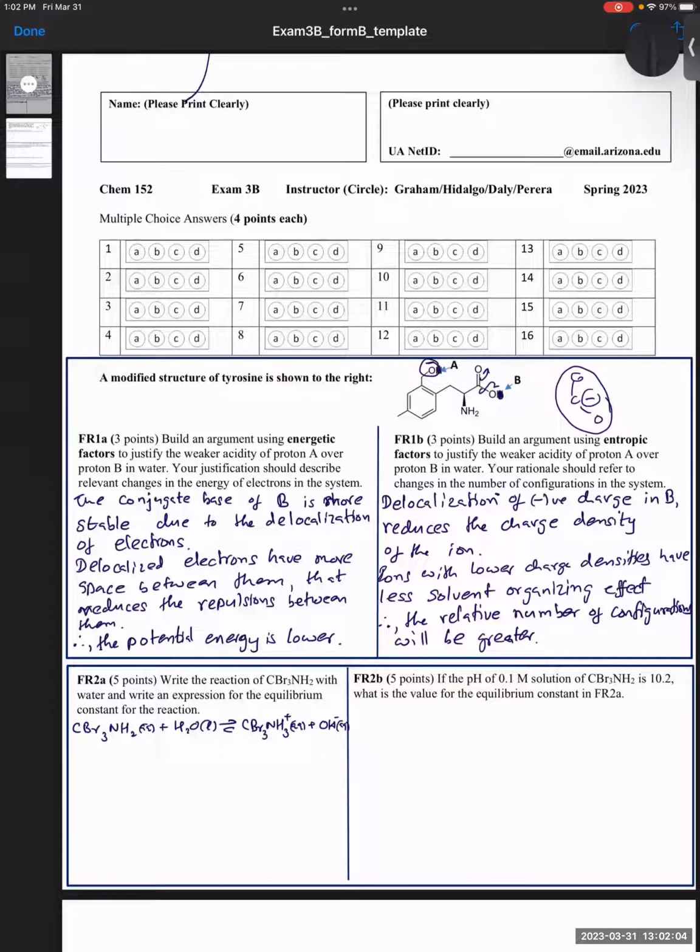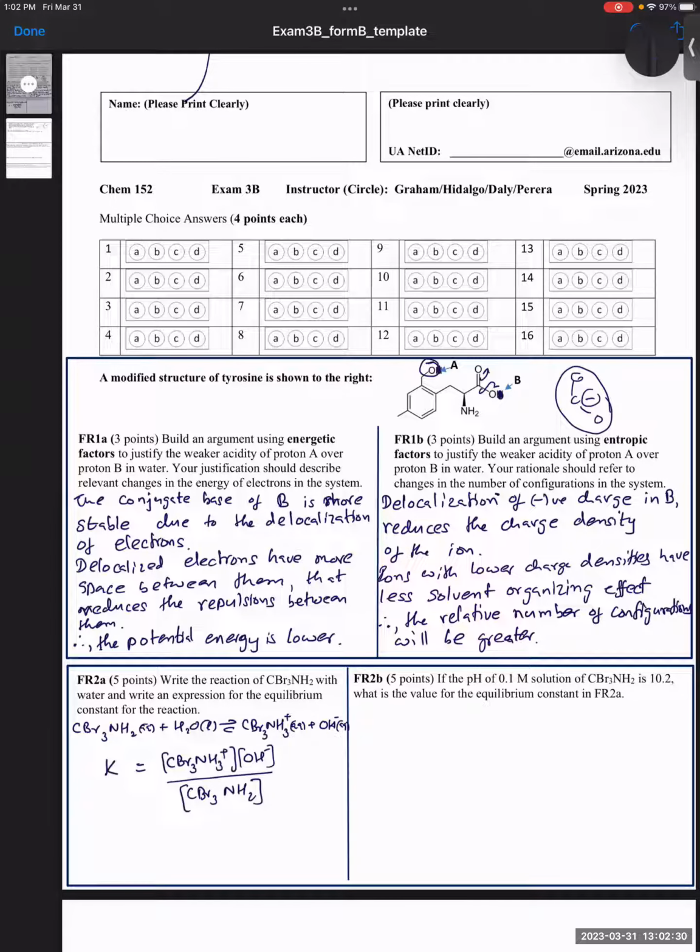And if you write the equilibrium constant expression for this, we're going to have products, which is CBr3NH3+ and OH-, divided by CBr3NH2, which is our reactant.